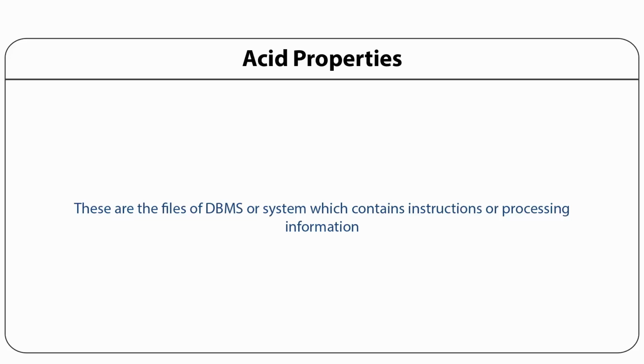Say, for example, you want to add a record. The way a record has to be added in the database is written as a program and stored in a program file. So any kind of data manipulation or data processing activity is governed by the program files of a database management system.